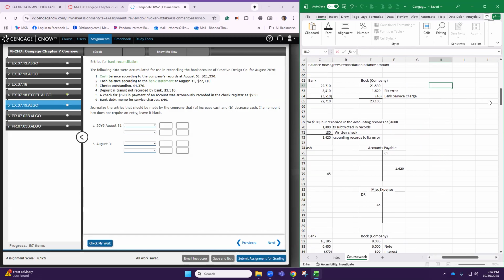So the error is 950. They put it in as 950, but the correct amount, when you actually look at the check, is how much the check was written for. It was written for 590. You say, how do you get those put down differently?